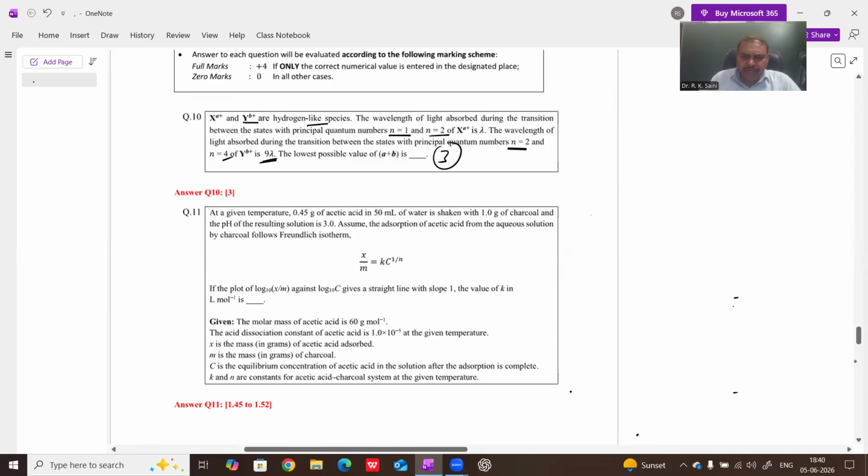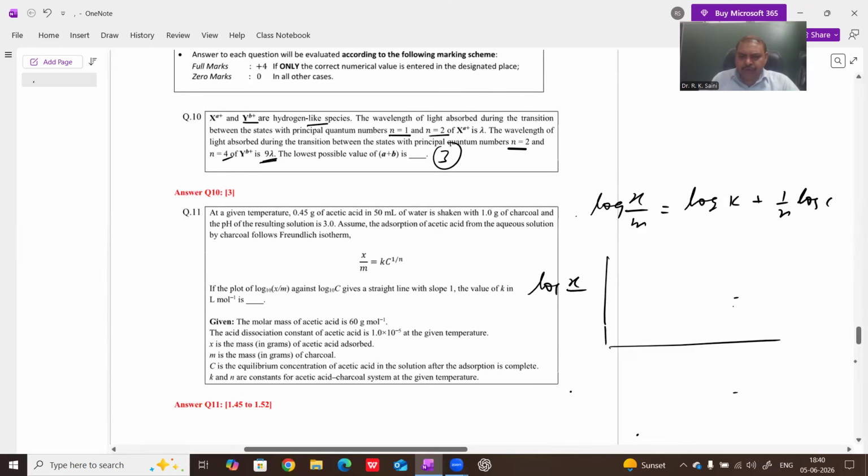Taking log of the equation, we write log x upon m equals log of K plus 1 by n log of C. When we draw a graph between log x upon m and log of C, the slope is 1 by n, and this slope is given as 1. The slope given 1 means n equals 1.